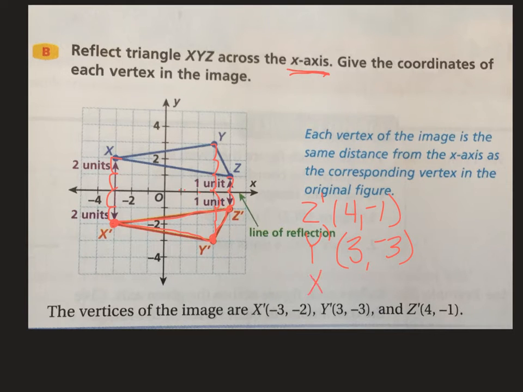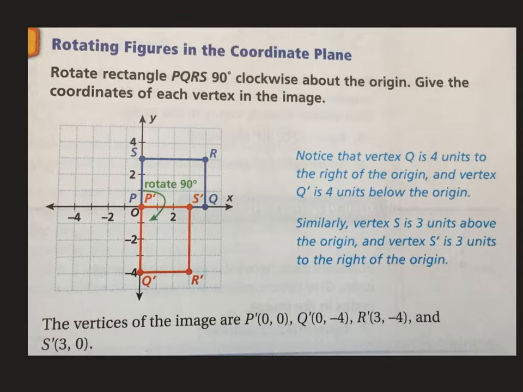And X prime is at negative 3, negative 2. There we go. Double checking to make sure I did these right, guys. There we go. Looks like I did them right. Let's move on to another problem here.